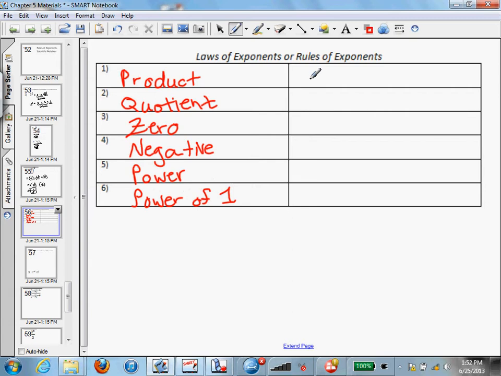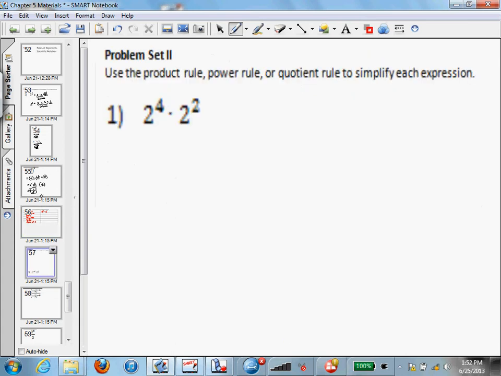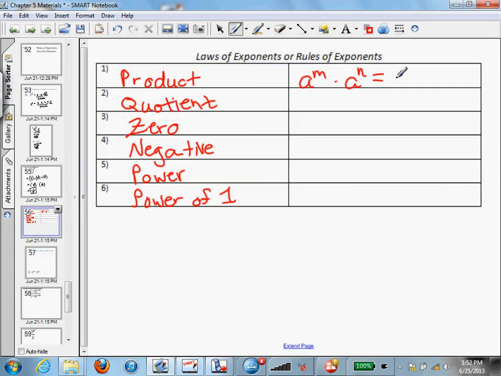So the product rule says if you have 2 bases that are the same but the exponents are different, you can actually add the exponents, keeping the base the same.